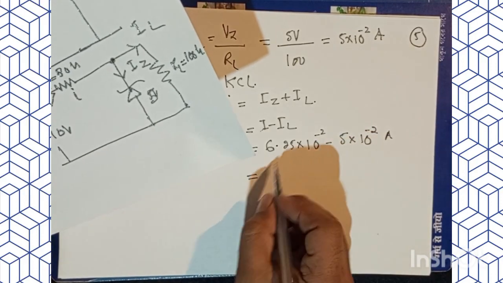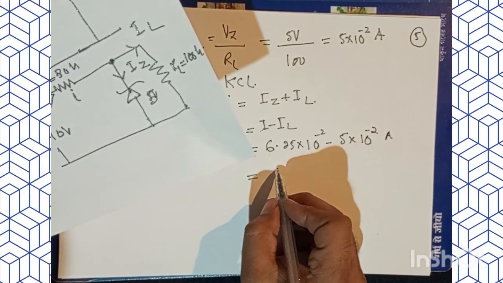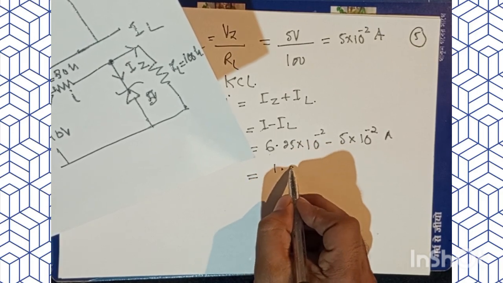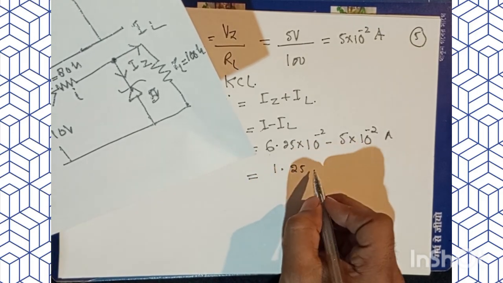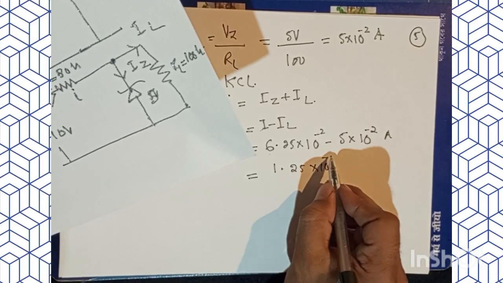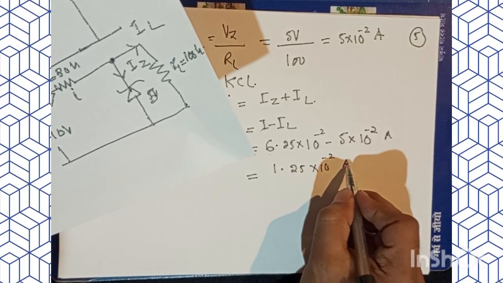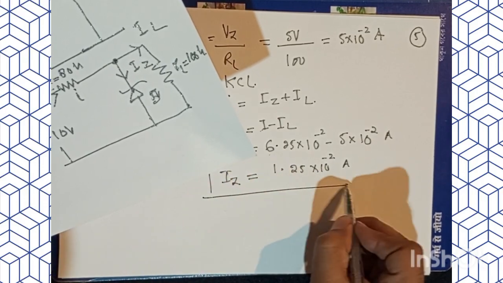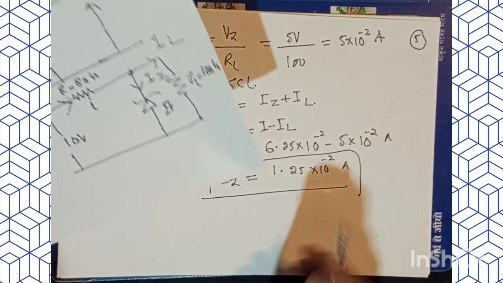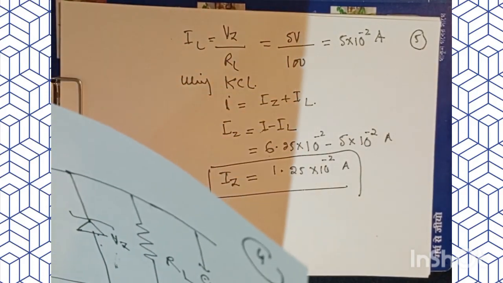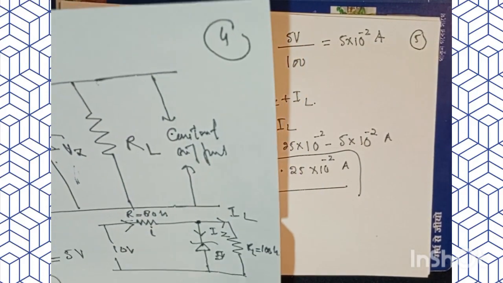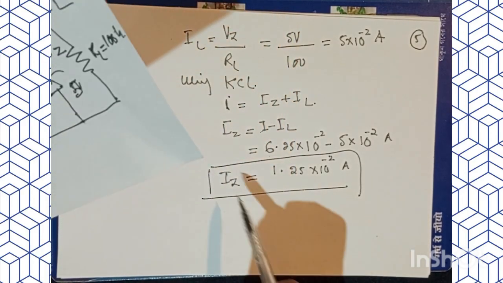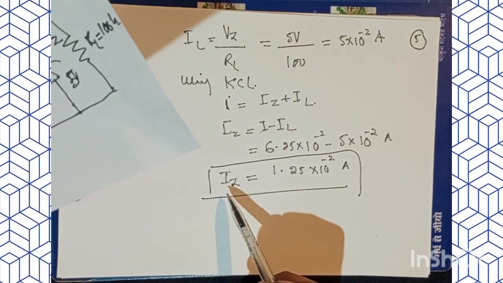So we can subtract these two currents, and what I get is 1.25 into 10 to the power of minus 2 ampere. So this is the current that passes through the zener diode, IZ.